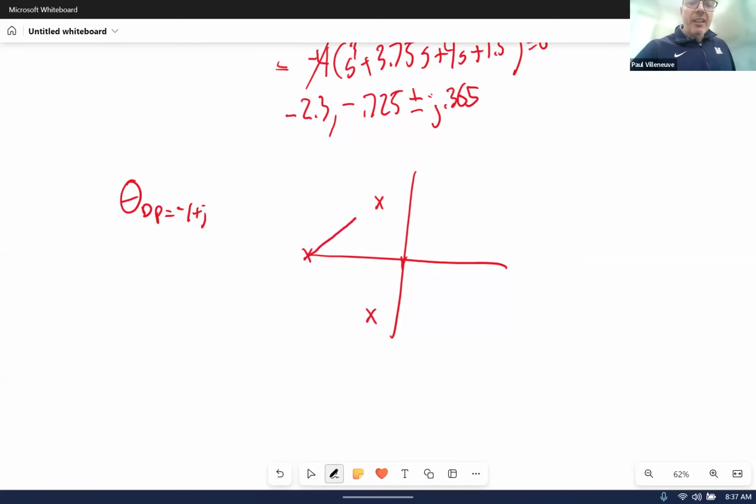So I need to calculate the angle here, the angle here, and the angle here. This angle is from here, this angle is from here, and this angle is from there. Make sense? Don't make sense?